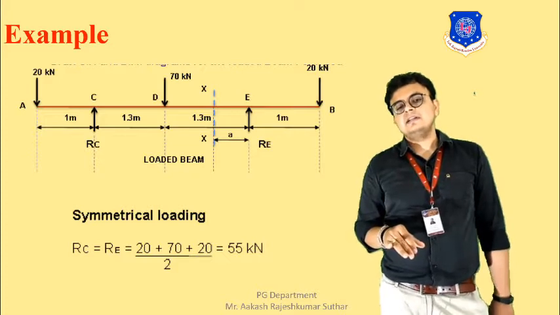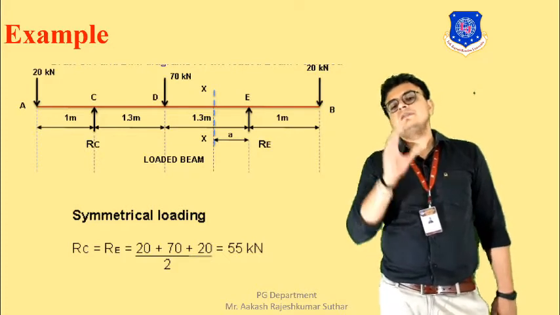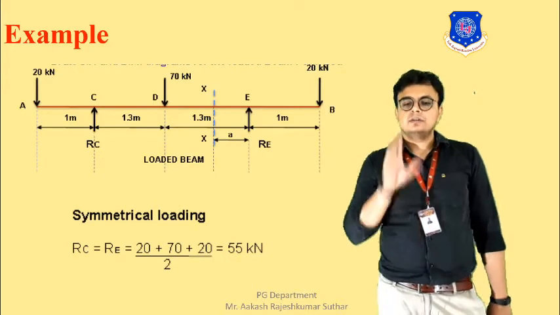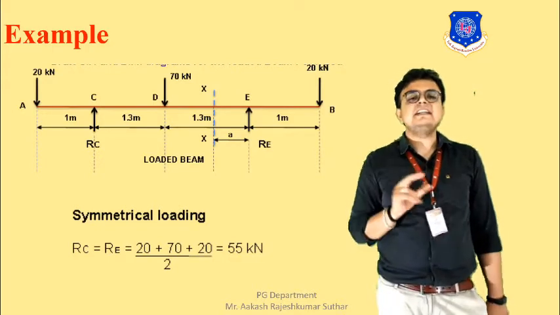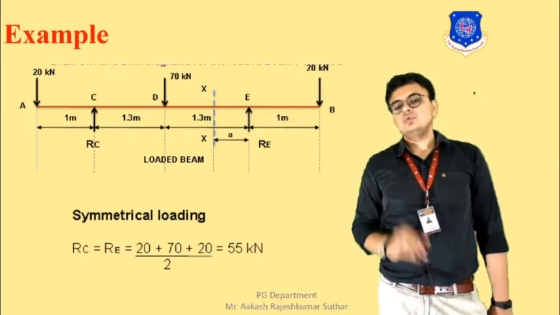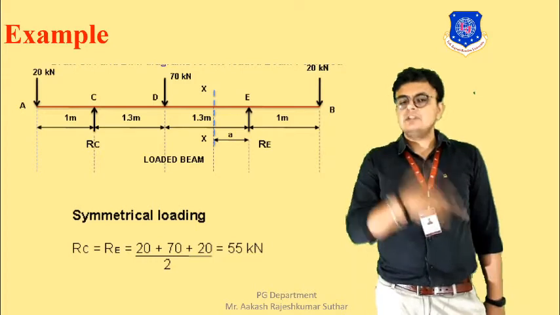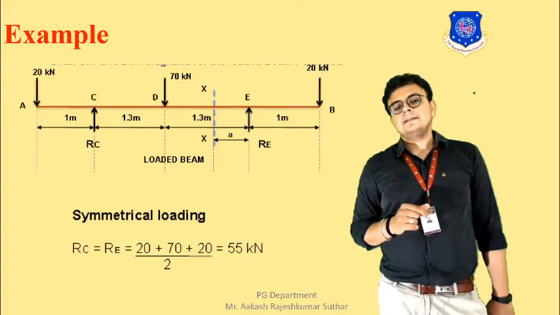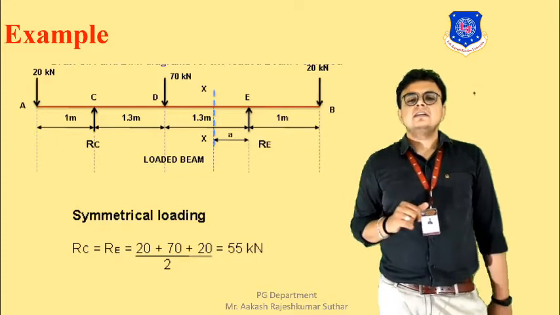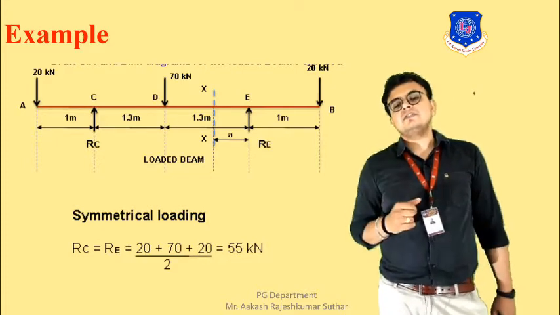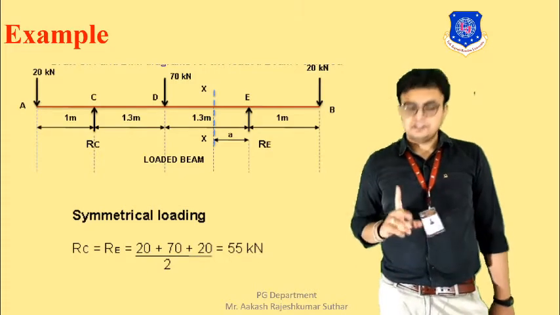The total will be 20 plus 70 plus 20, which is 110, and on dividing it by 2, we get 55 kilonewton. This way, the reaction at C and the reaction at E will be 55 kilonewton in the upward direction.